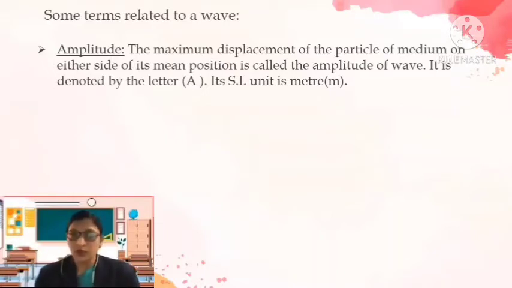So here you can note down the definition of amplitude. The maximum displacement of the particle of the medium on either side of its mean position is called the amplitude of the wave. It is denoted by the capital letter A. Dear friends, note down its SI unit is meter. Since it is displacement, its unit is meter.